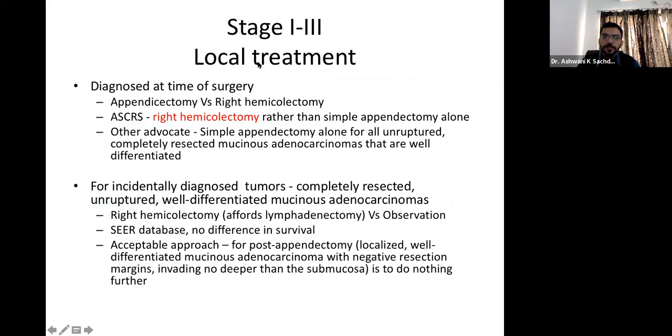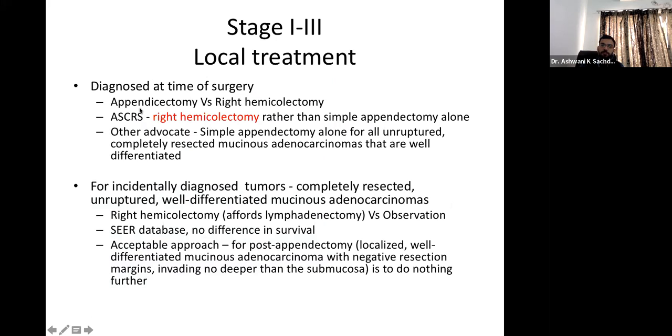Local treatment for stage 1 to 3 if it is diagnosed at the time of surgery. Suppose we have opened and have found that at the appendix there is a tumor, mucocele or tumor.